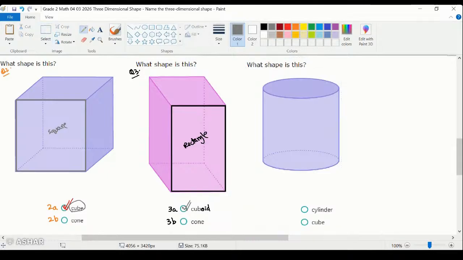Question number 4. 4A is cylinder, 4B is a cube. Yes, please ask the question.